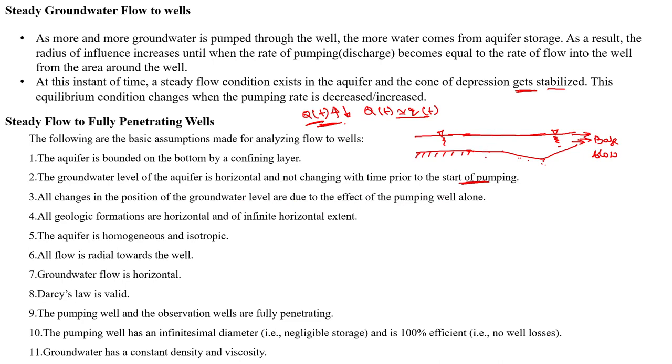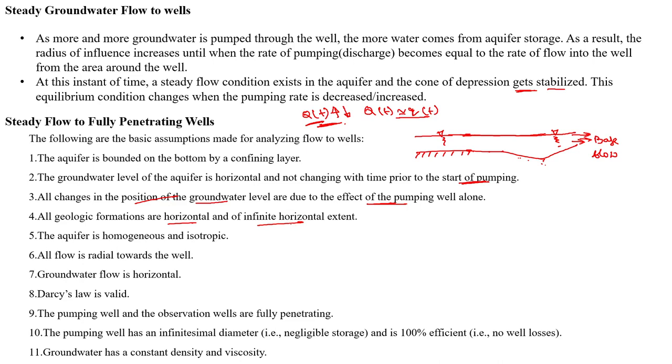Though there are other things, like base flow or seepage, we will neglect all those things. We will assume that the changes in the groundwater level are only due to pumping. And all the geological formations are horizontal and infinite horizontally. All these assumptions will be mentioned in the question when they give it. This is a tricky part in GATE.